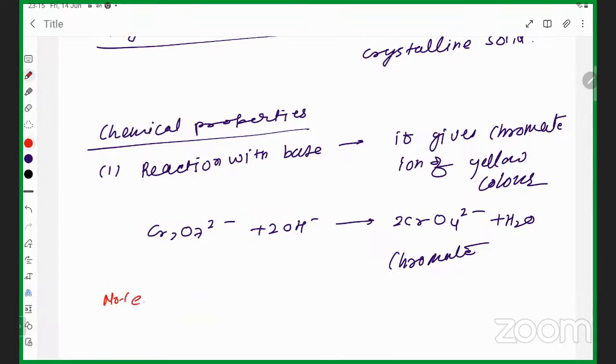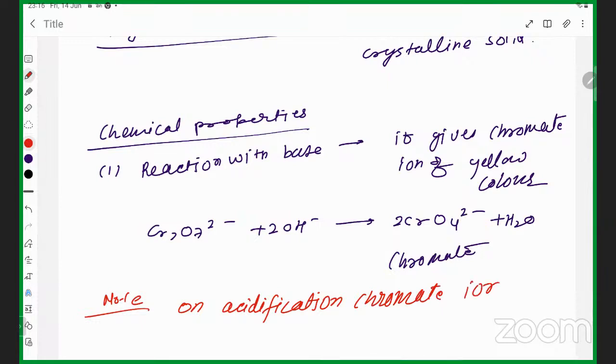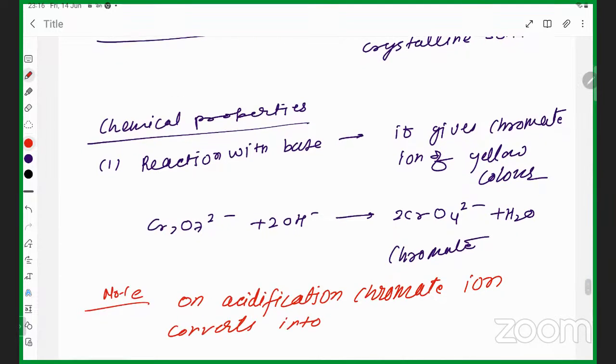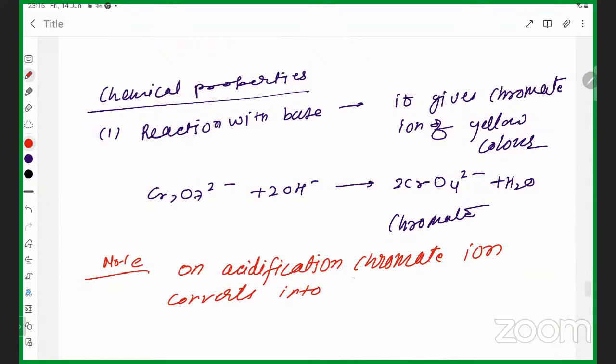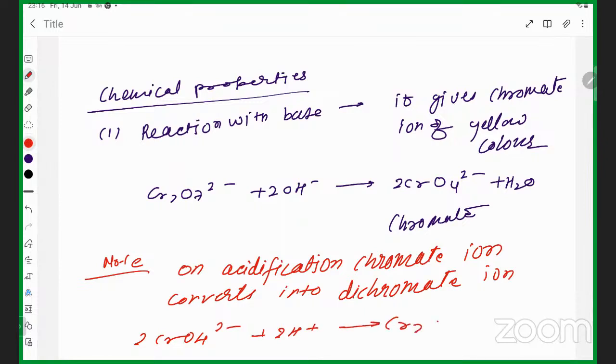Note: on acidification, chromate ion converts into dichromate ion. So what we can write here: 2CrO4 2 minus plus 2H+ gives Cr2O7 2 minus plus H2O.